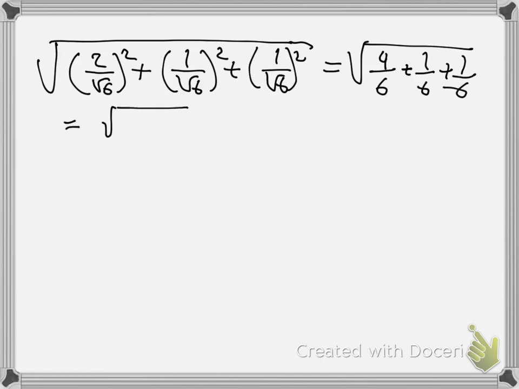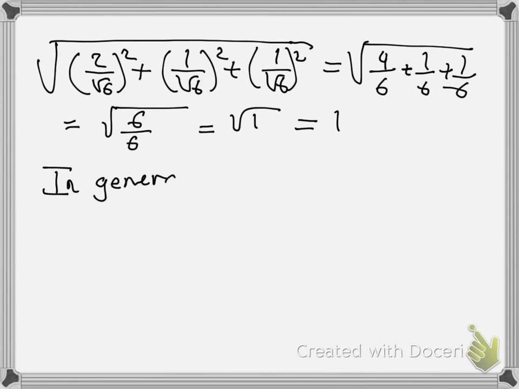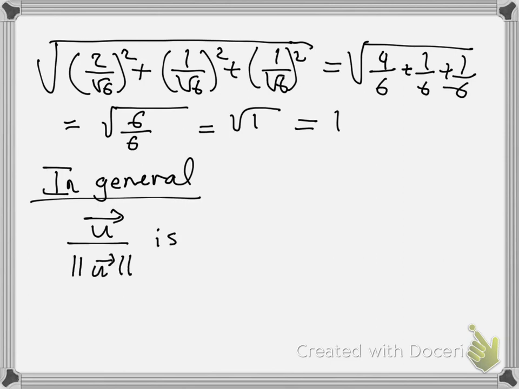That will be the square root of 6 over 6, so that's square root of 1, which is equal to 1. So you see, I made the vector u of unit length just by dividing by the length of u. So in general, u divided by the length of u is of unit length.